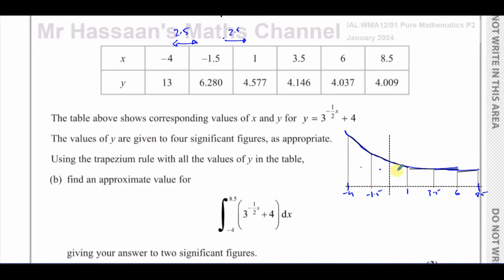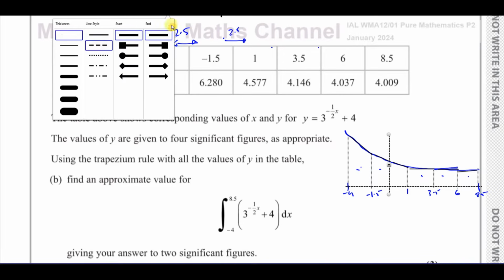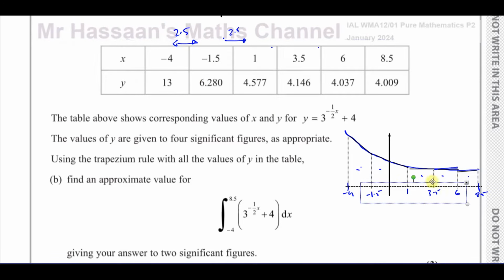So you have 1, 2, 3, 4, 5 trapeziums. So the number of ordinates is actually different from the number of trapeziums. I'm going to make it clear that this is the axis, so I'll just change this style to make it look like this, and the same with this one.